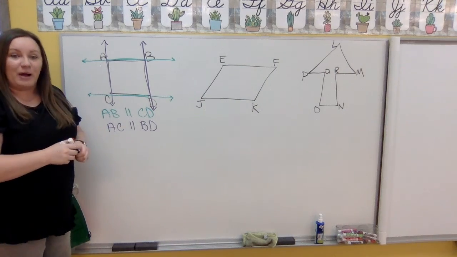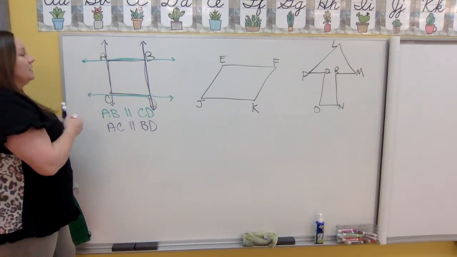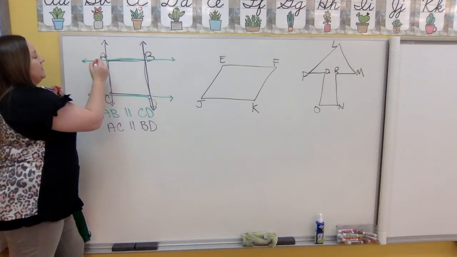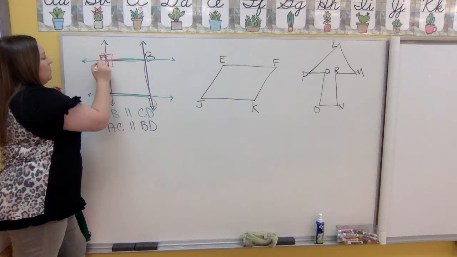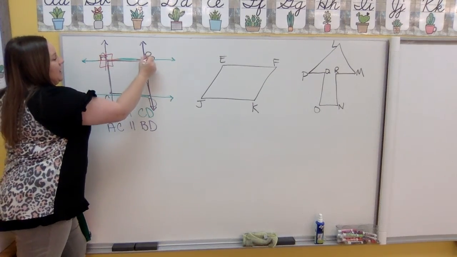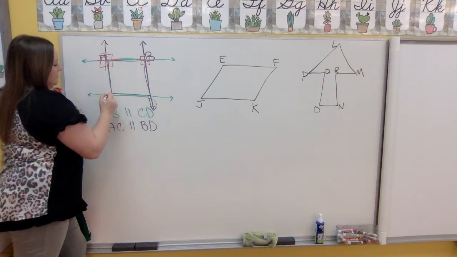Next, it might ask you about perpendicular lines. As you can see here, these corners right here make 90-degree angles. On each side, they do that.